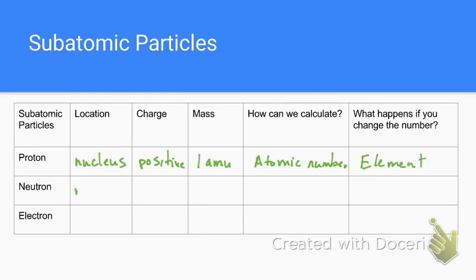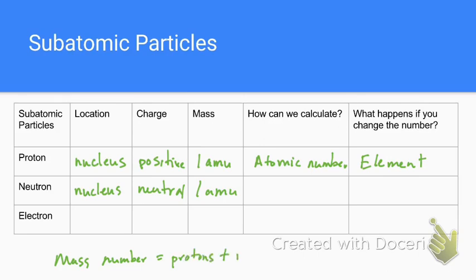Neutrons are also found in the nucleus. Their charge is neutral. Their mass is the same as a proton, 1 AMU. Now to figure out the neutrons, remember, as I told you before, the mass number is equal to the number of protons plus neutrons.